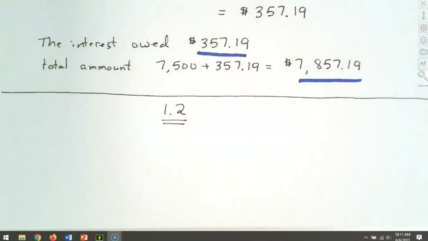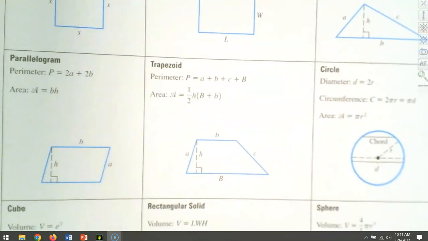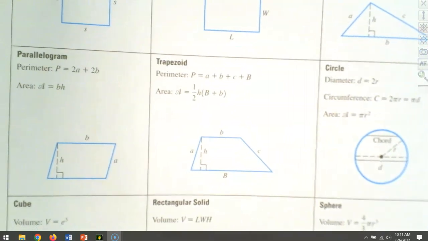So I'm going to try to do a couple of each type. So let me pick a couple of these for us to look at. We're going to start with geometric figure problems. Now, anytime you need a formula, they're going to be located in the back cover. So if you ever need a formula, use the back cover of your textbook.